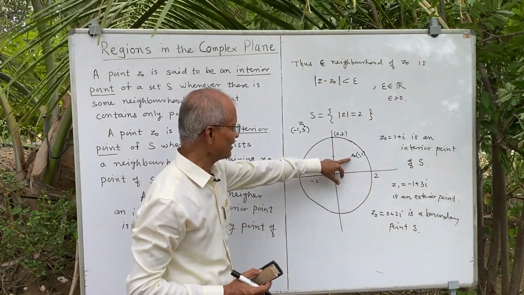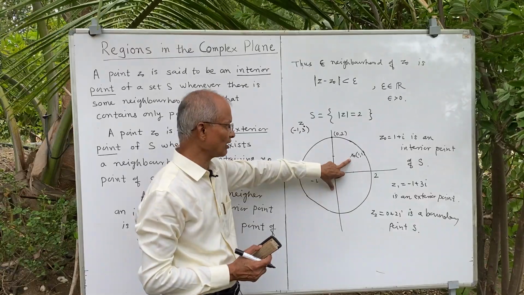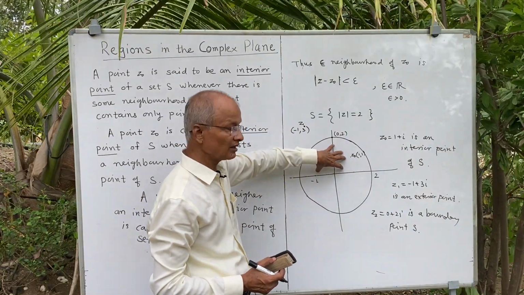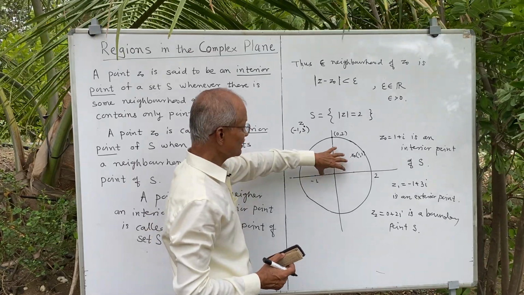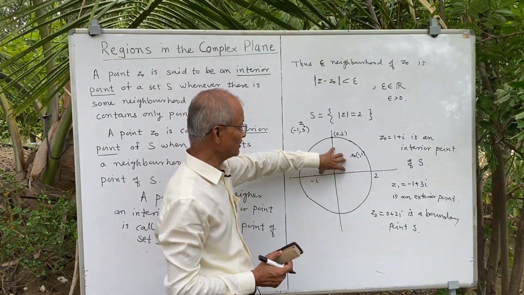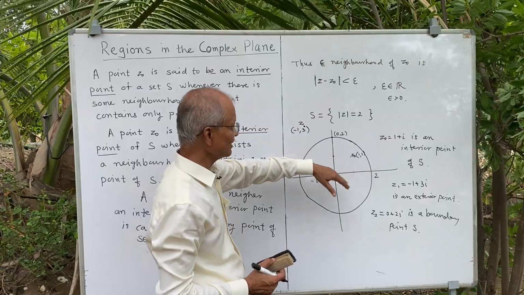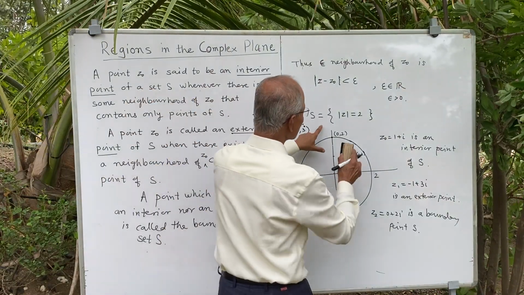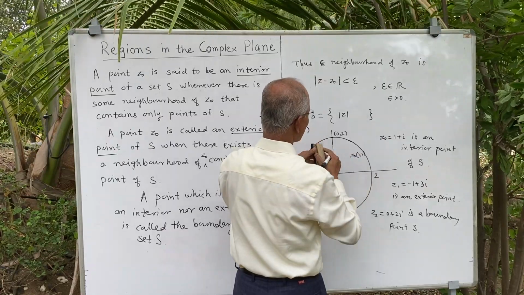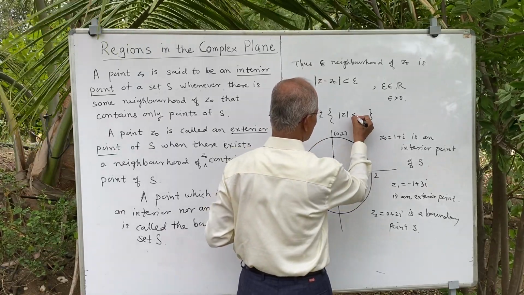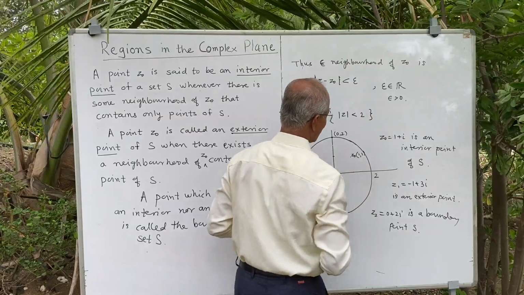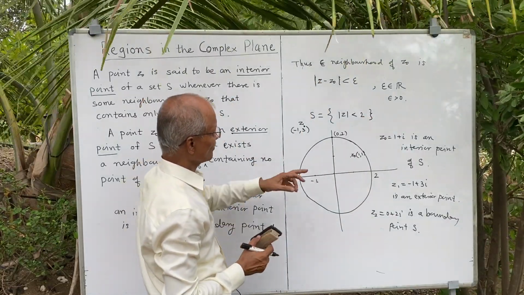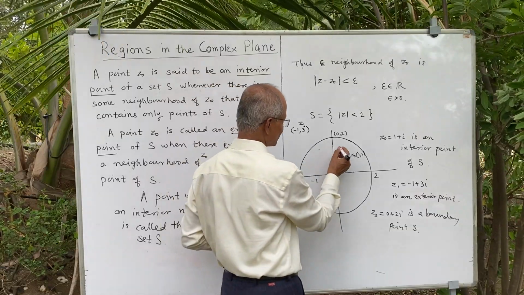So the meaning is, according to the definition, we can construct an epsilon neighborhood of Z0 which lies entirely inside this disk, not circle but disk, that is |Z| < 2. So actually we have to consider this as |Z| < 2, because we have to consider this disk.